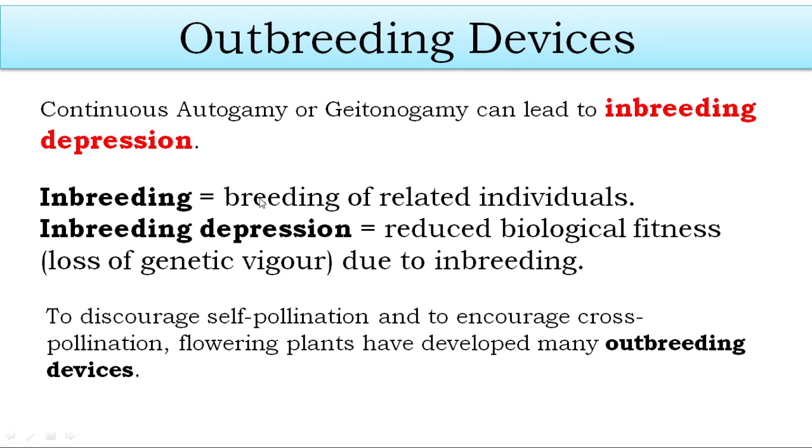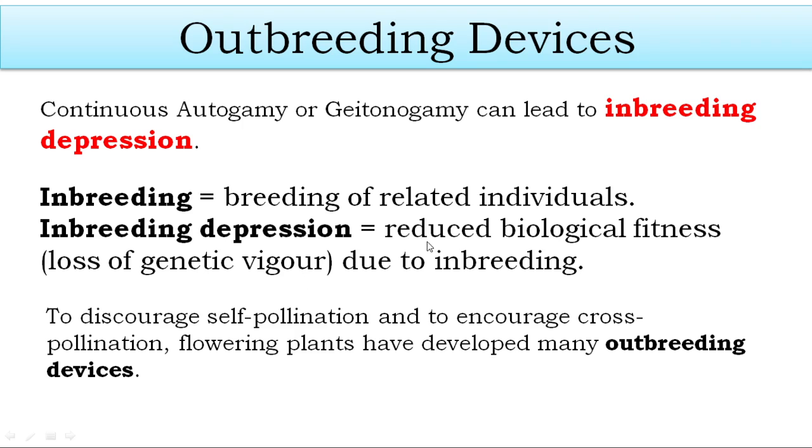Inbreeding means the breeding of related individuals. And if there is continuous inbreeding among related individuals, it will lead to something called inbreeding depression, in which the individuals lose genetic fitness or genetic vigor.